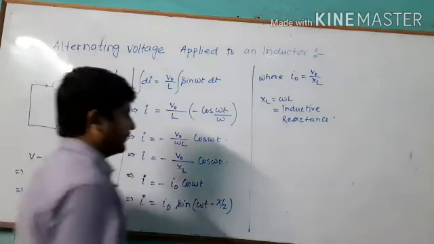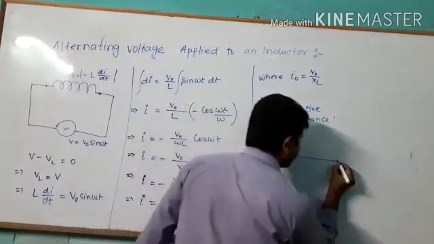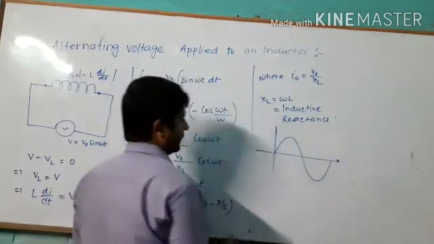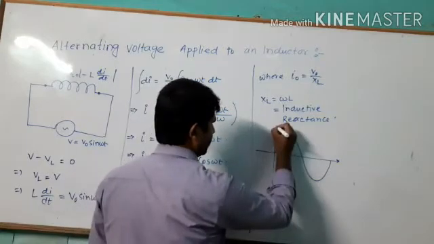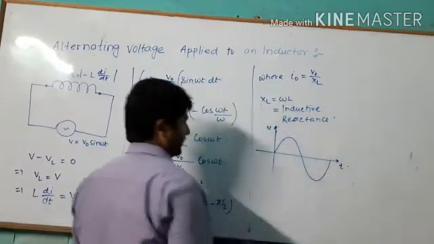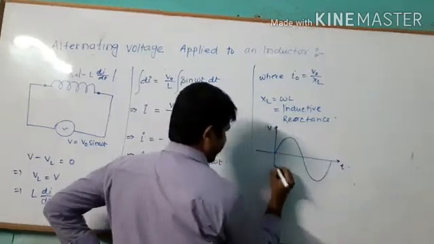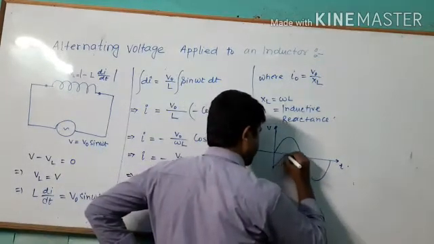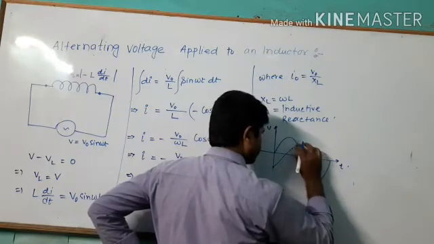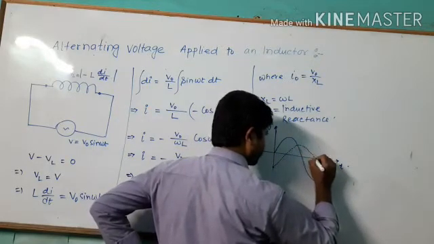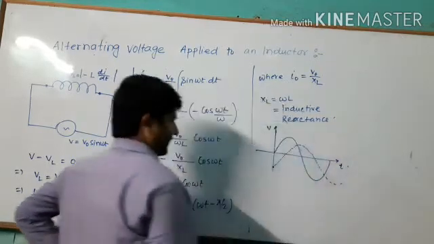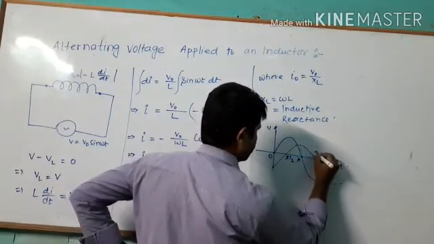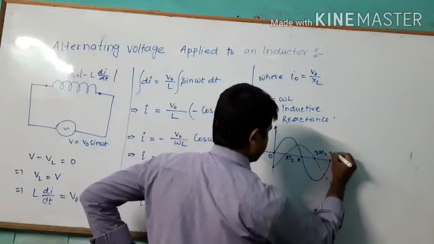So if I draw the wave diagram of these two quantities for a complete cycle, then this is the wave diagram of the voltage, that is the variation of voltage with time, then the current lags.